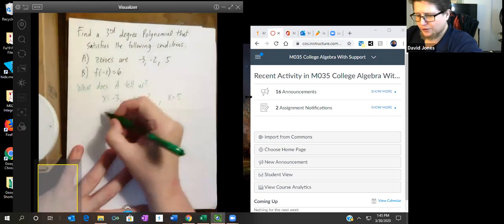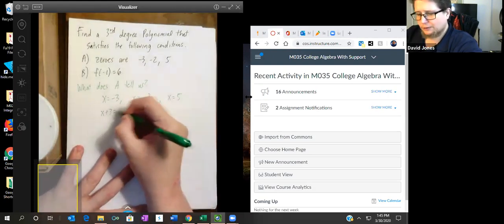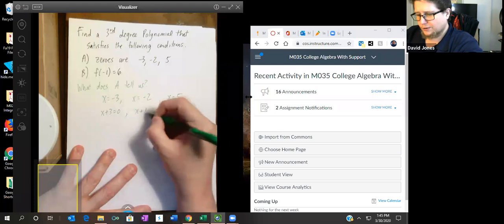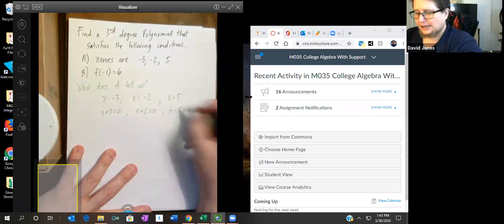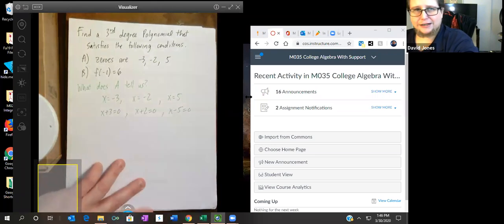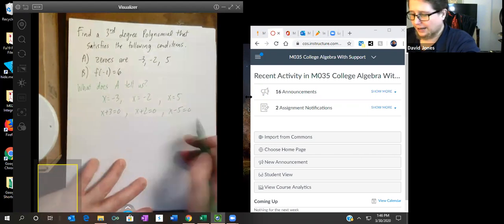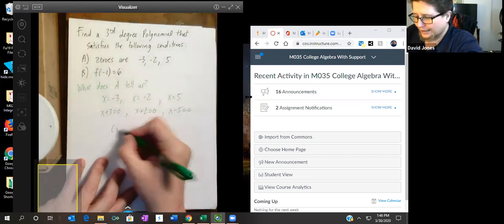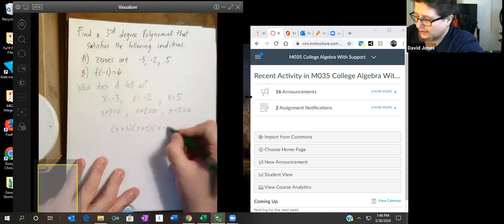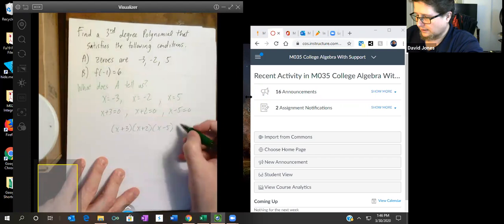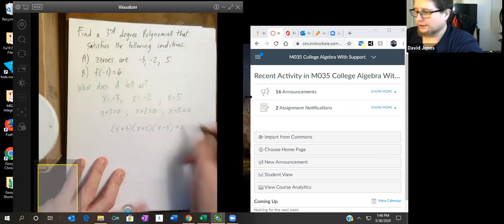And if we move them to the other side, we have x plus 3 equals 0, x plus 2 equals 0, and x minus 5 equals 0. This is like factoring, finding the solutions, and working backwards. It very much is. And now I can take these and multiply them all together, and I still have 0. Nothing's changed. That still equals 0.